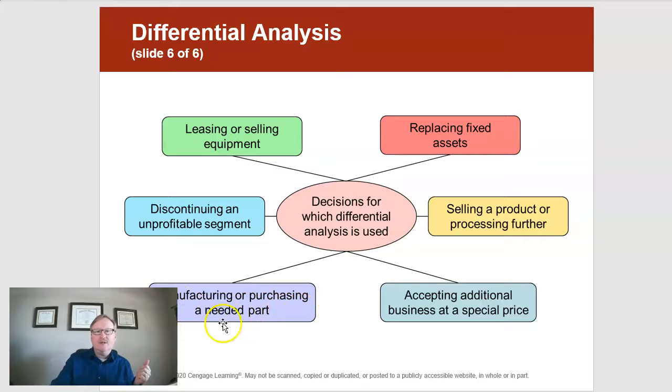Okay, manufacturing or purchasing a needed part. They call this a make or buy. We talked about this: if I'm Little Debbie, do I make my own Rice Krispies or do I buy Rice Krispies from a Rice Krispie company? If I'm a car manufacturer, do we make everything? We're Ford or General Motors or Chrysler.